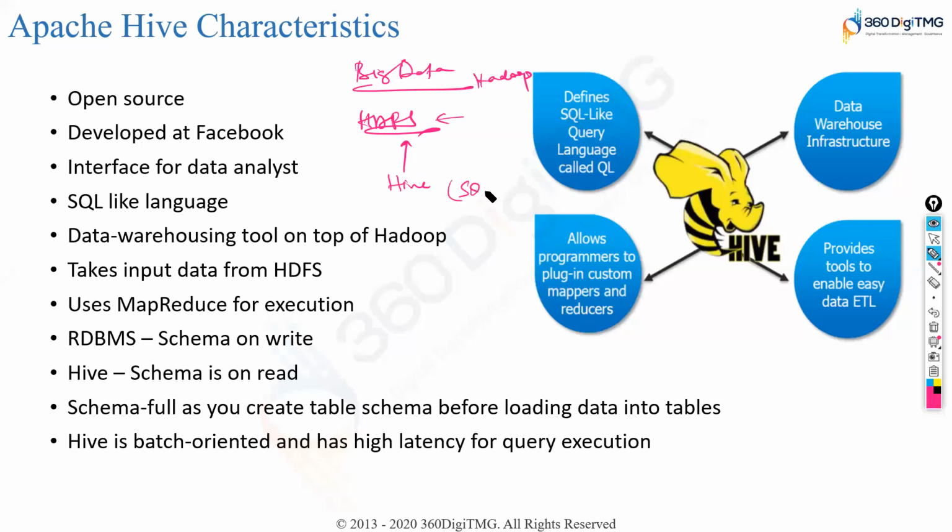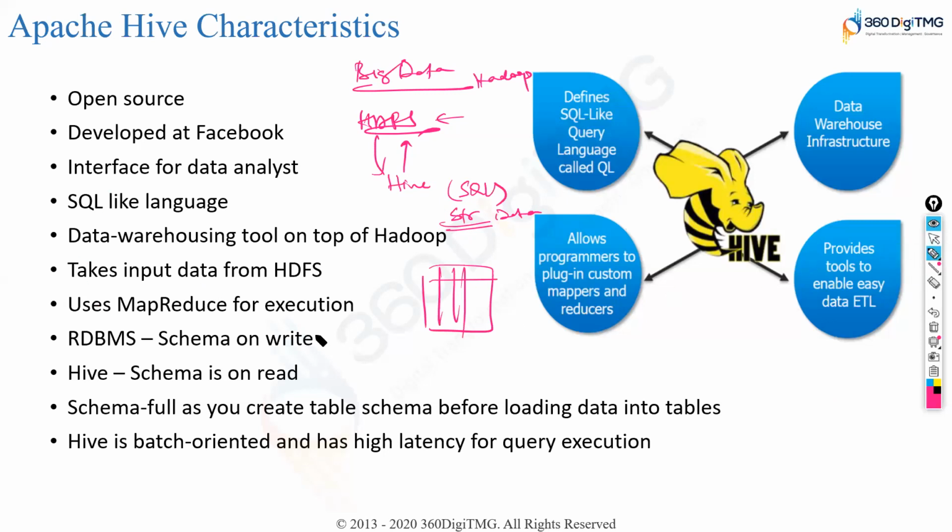But Hive is SQL, that means it only understands structure, right? It will only handle structured data. So when you're reading the data into Hive, you need to give that structure. Only then will you be able to read the data in a table. So we call it schema on read, right?